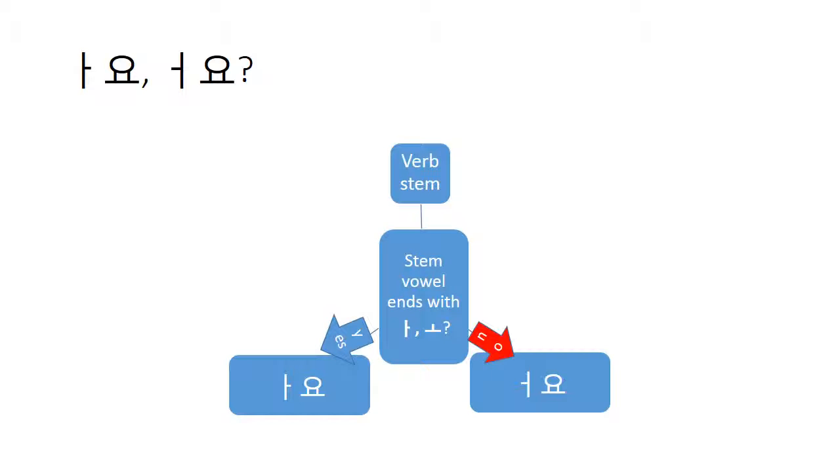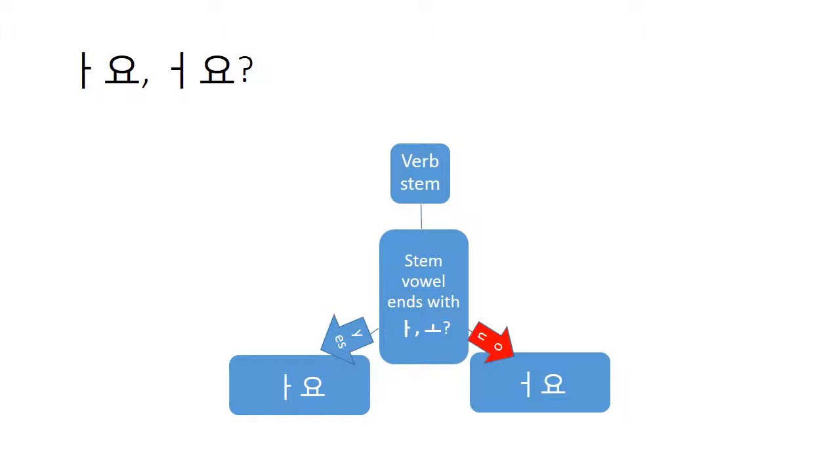If the final syllable vowel is ㅏ or ㅗ, only in these cases you use 아요. Otherwise, it all becomes 어요. Okay? So only if the stem vowel is ㅏ or ㅗ, you take 아요. Otherwise, it's all 어요.